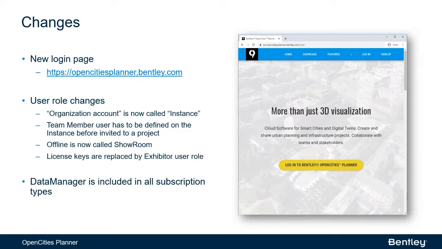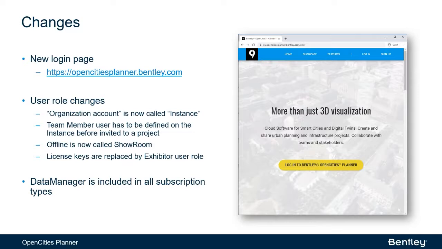So what used to be called an organization account, which holds all the data and all the projects and all the users, that's now called an instance in this brand new world. And what used to be called info users, and you can invite them with an email, they are now team members or team member users, and they will have to also be added to the instance before they can be invited to a specific project.